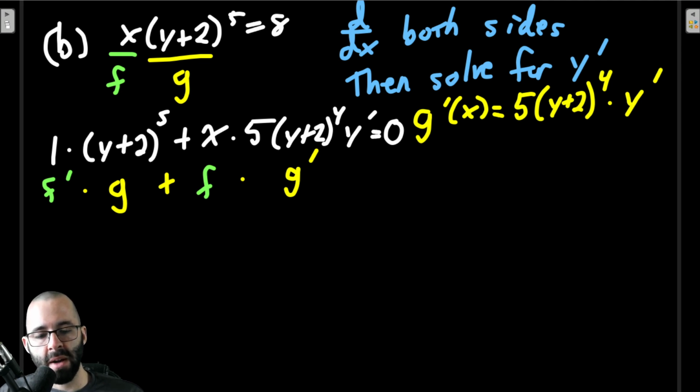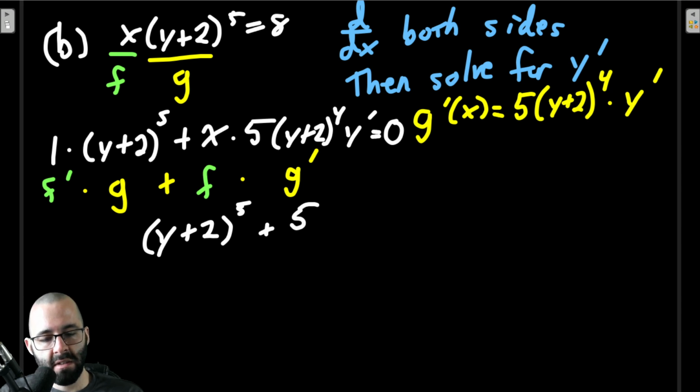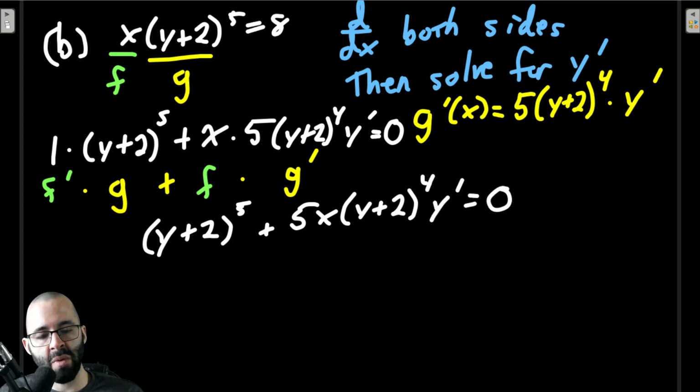Now we solve for y prime. So let's clean things up a little bit. This first term is just (y plus 2) to the 5th. The second term is 5x times (y plus 2) to the 4th. We'll write the y prime at the end. The y prime is what we want by itself. So just like before, we're going to subtract over this term and then divide over by what's next to the y prime.